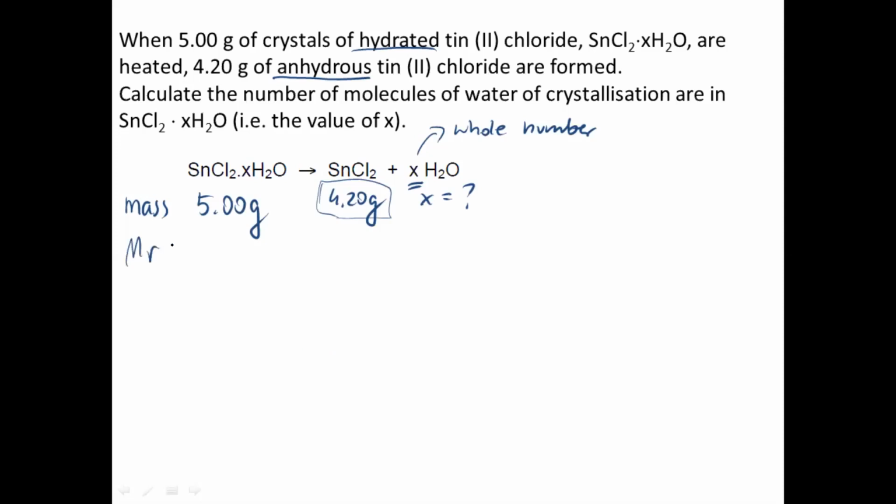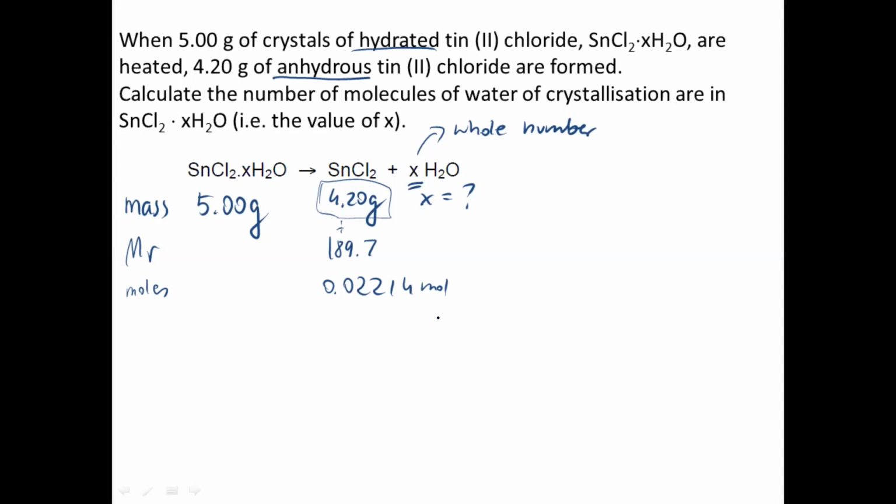You can work out the Mr of SnCl2, you can calculate it, it is 189.7. Okay, so you can divide that and you can get your moles, and that's going to give you 0.02214 moles. So this is how many moles of the hydrated thing you have.